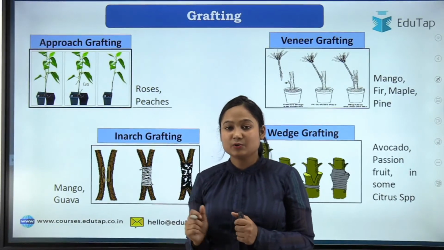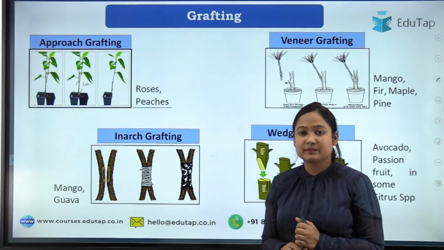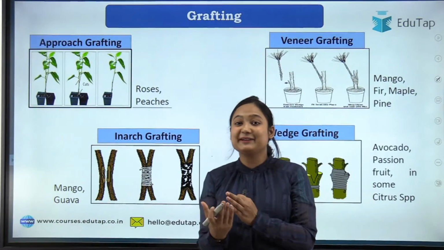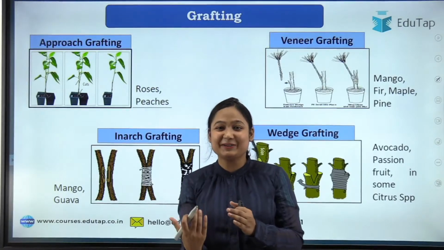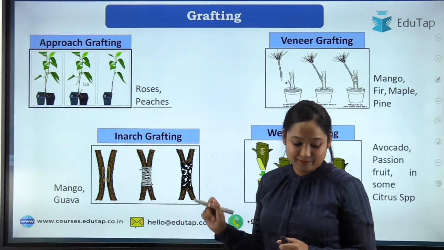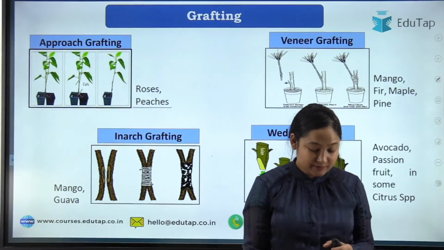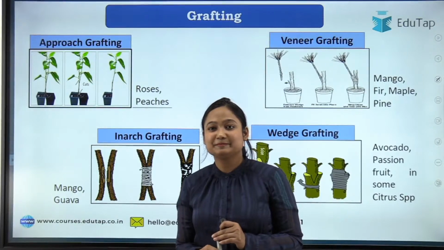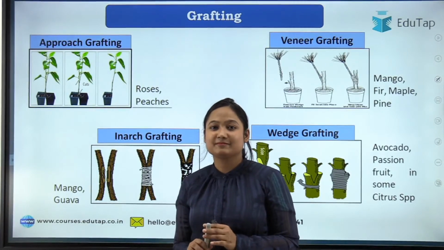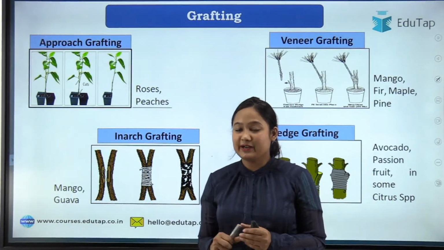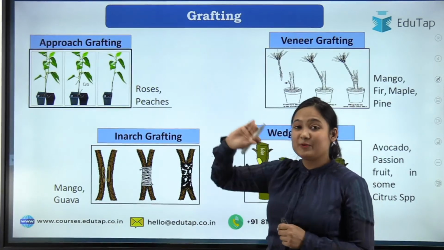Okay, so do let me know, and if everything is clear you can give a positive response, so I know that okay, everything is clear, we should move. Okay, seems like everybody has understood the approach grafting.